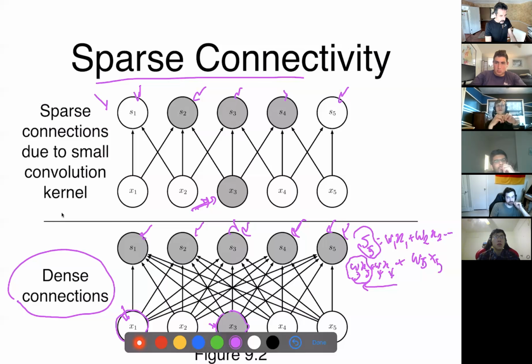That might be true, but think about multiple layers. That might be true here when we have only two layers, input and output, no hidden layer. This unit may never learn about these two.